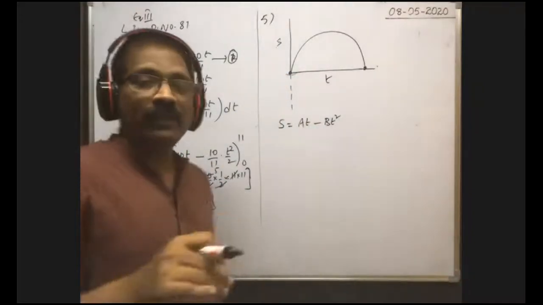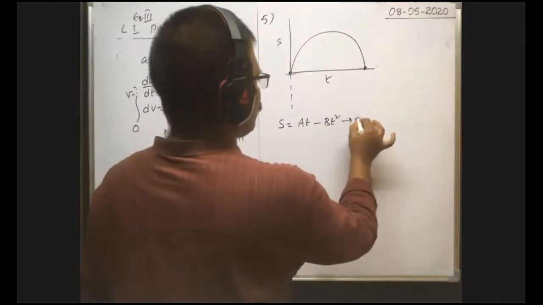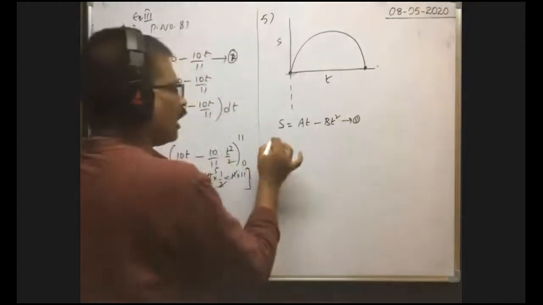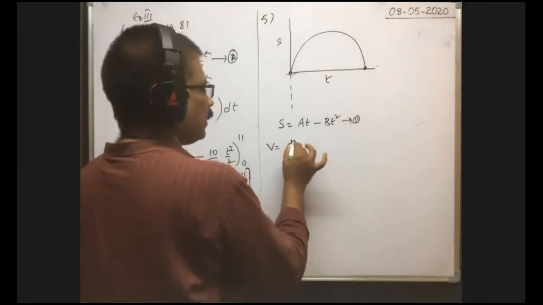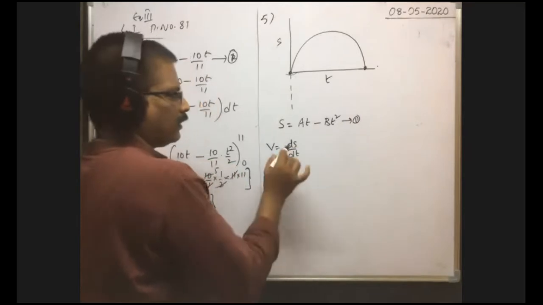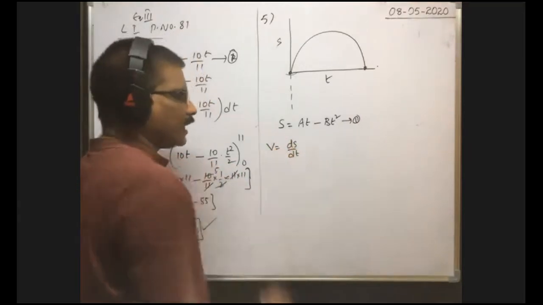Now we need the velocity time graph. From this equation, how can we find velocity? v is equal to ds by dt. Differentiation of displacement with respect to time gives the instantaneous velocity.